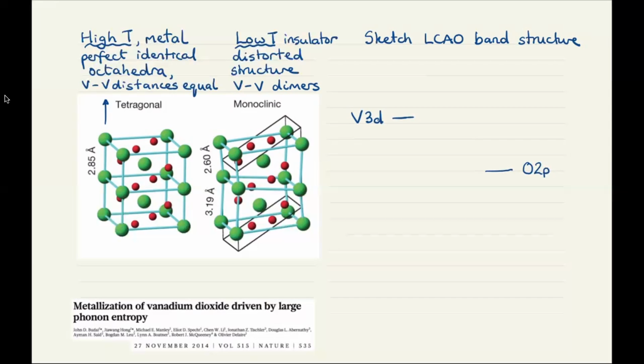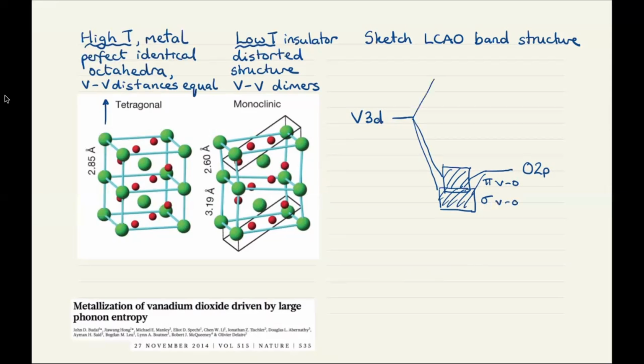We first just think about the vanadium-oxygen interactions. We'll have some very strong sigma-bonded vanadium-oxygen interactions, which will be at low energy, and also some pi-bonded vanadium-oxygen interactions, which will also be at low energy, completely filled bands.